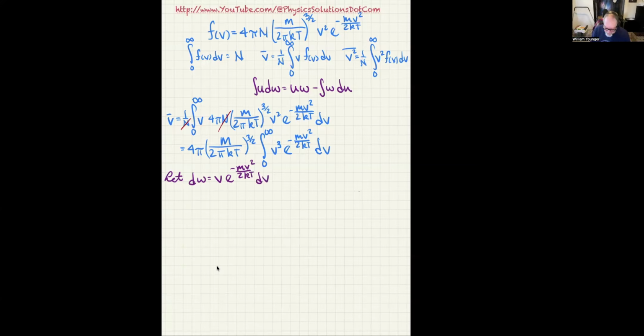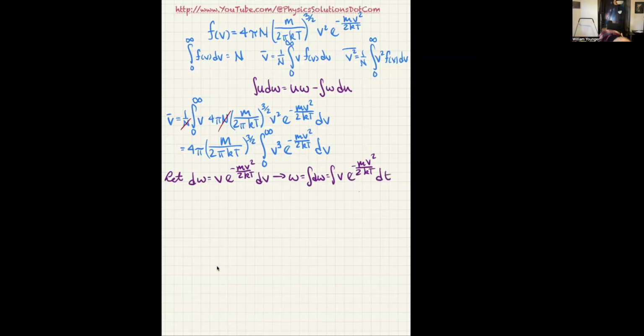So it is something that's easily integrable, and to show you it's easily integrable, I'm going to integrate it using omega equals the integral of d omega, which equals the integral of v e to the negative mv squared over 2kT dv.